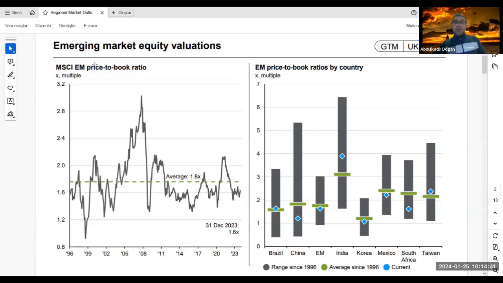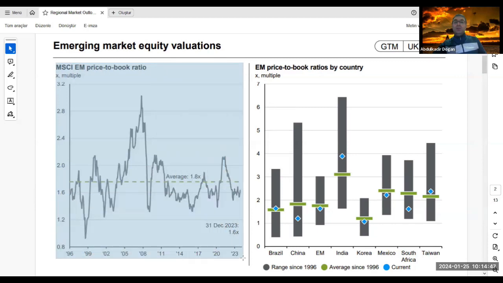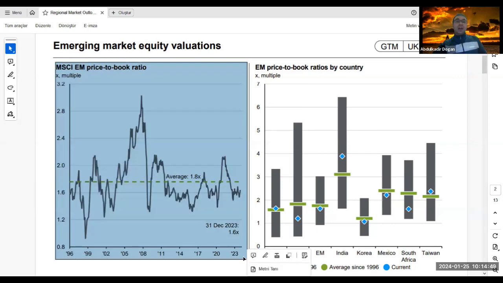So what is the difference between this left-hand side and right-hand side? This is the whole MSCI. What do we mean by the whole MSCI? I have lots of different regions in emerging market economies. East Asia: Thailand, Singapore, Malaysia, Indonesia. And let's go to Latin America: Peru, Colombia, Brazil, Argentina. This is Latam.